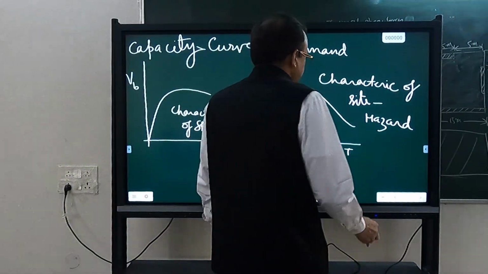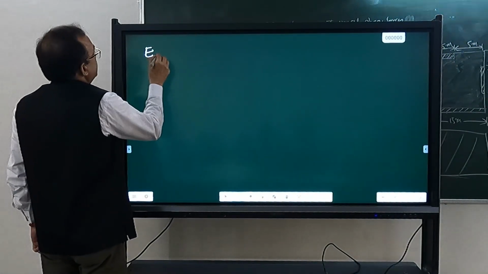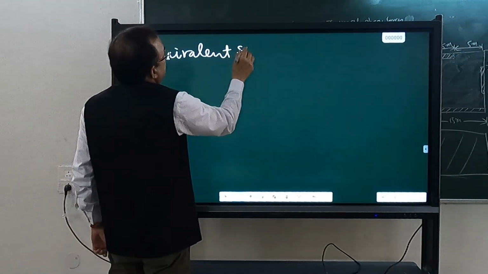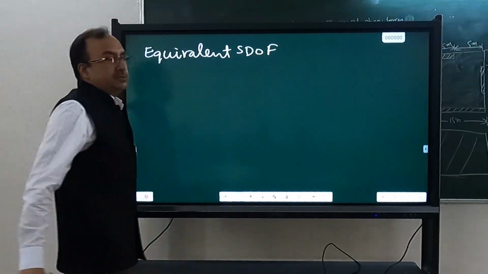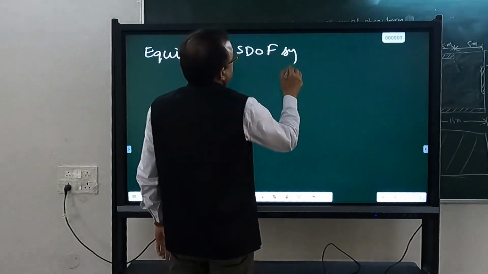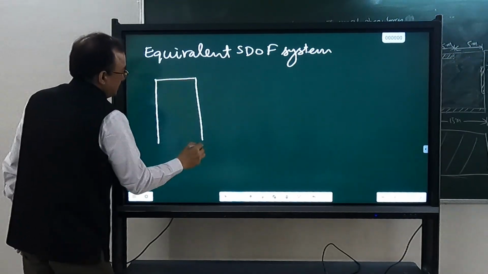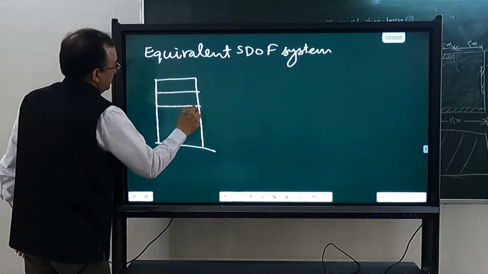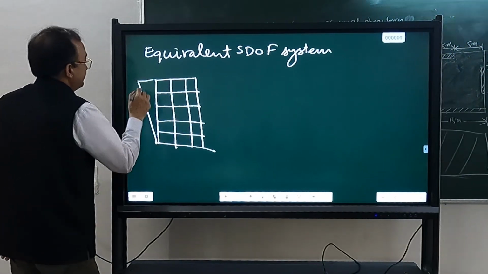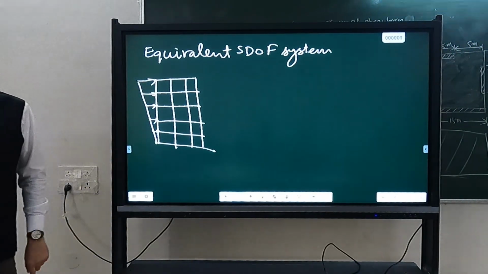So what we do is, we convert our capacity into an equivalent single degree freedom system. This was our building. We have obtained its pushover under the first mode.